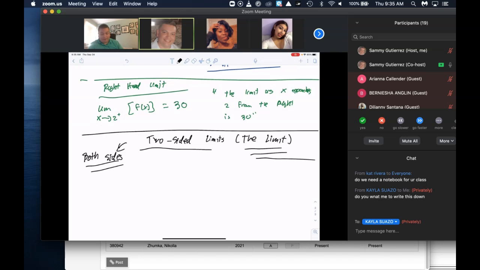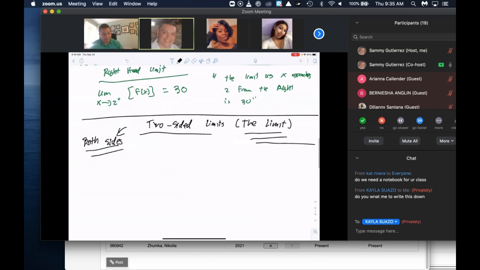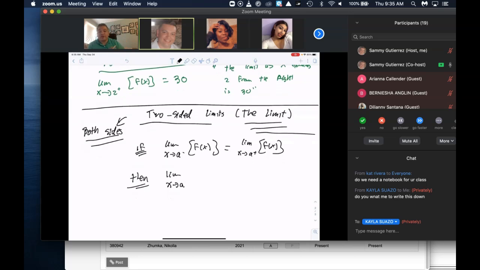All right. So here's what the statement is. If the limit as x approaches some value, we'll call it a, from the left-hand side is equal to the limit as x approaches that value, a in this case, a is 2 in the previous example, from the right-hand side of f of x, then the limit as x approaches a, notice that there's no minus or plus, of f of x equals L. In this case, L was 30.